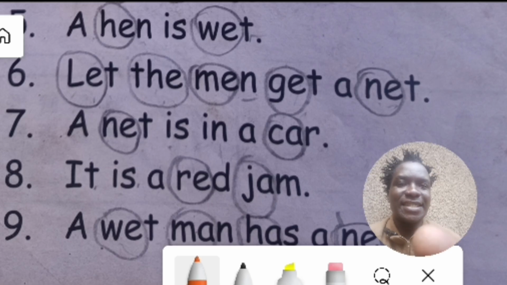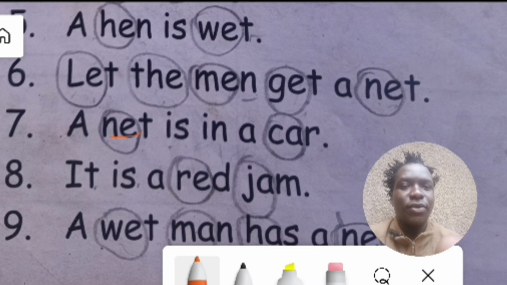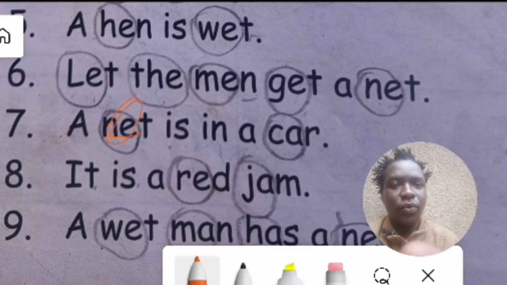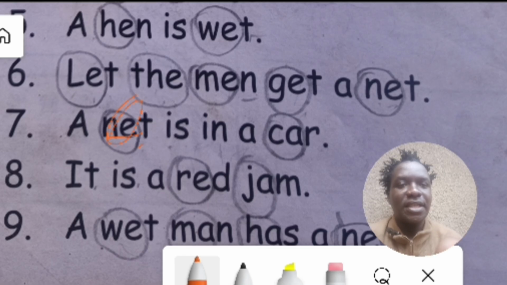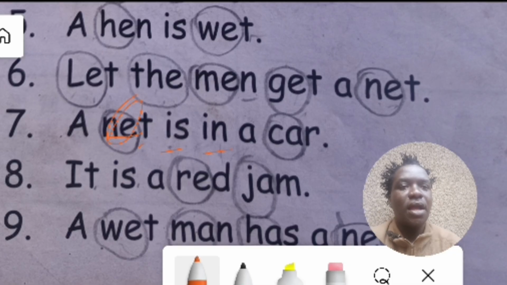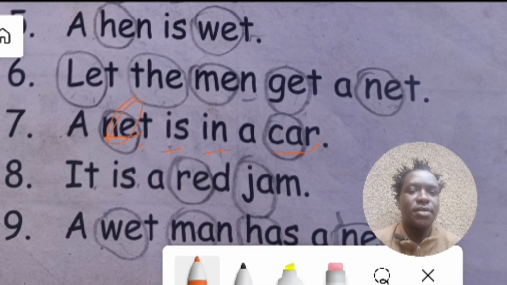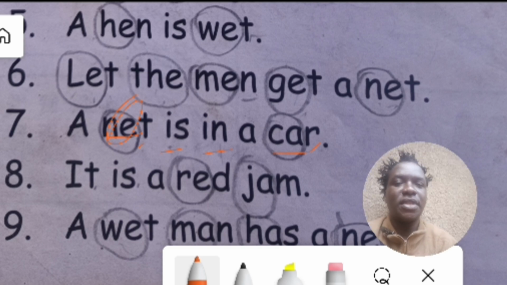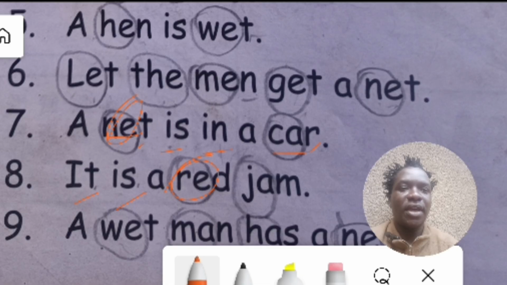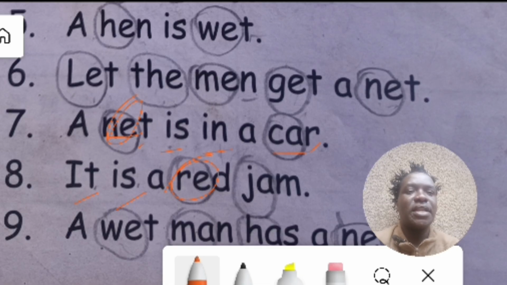A net, this is ne, with t, net. Is in a car. Yeah, this r is silent. This is re, with d, it is a red. Okay, re plus d, red.